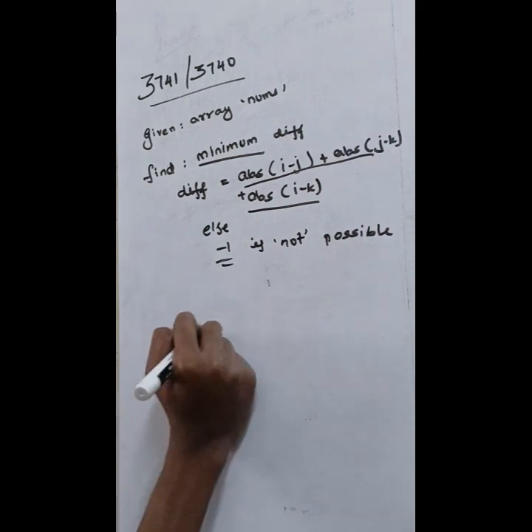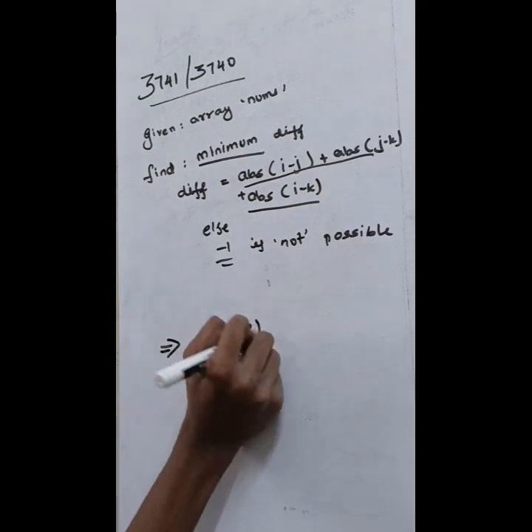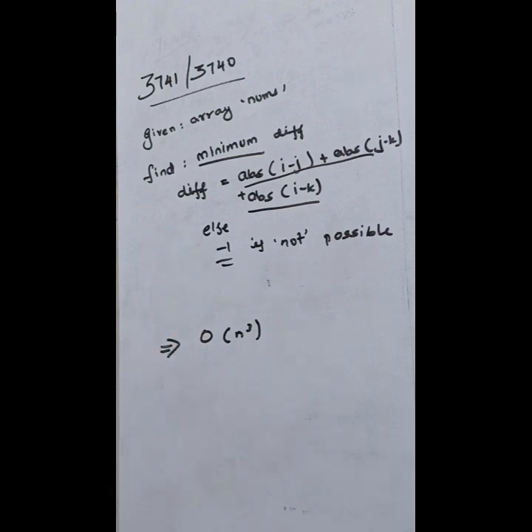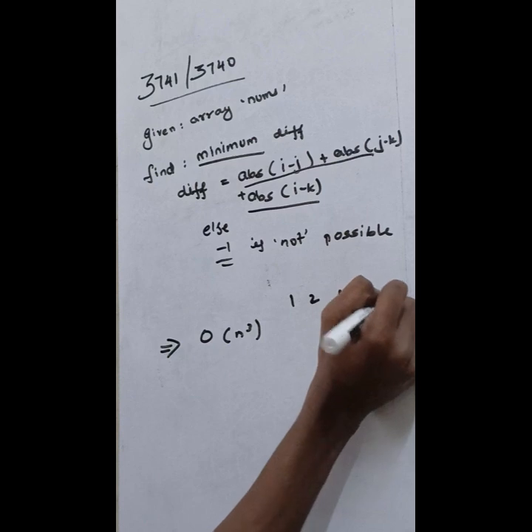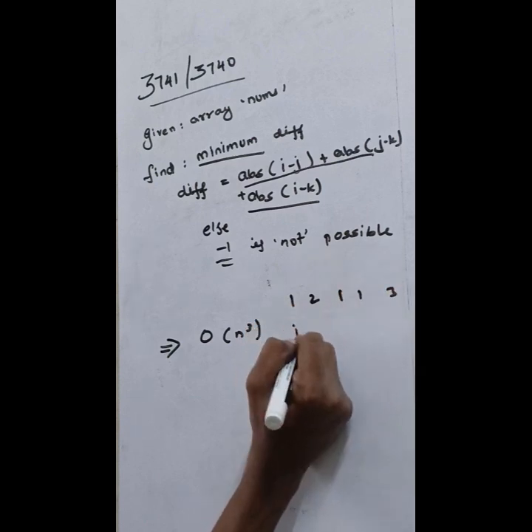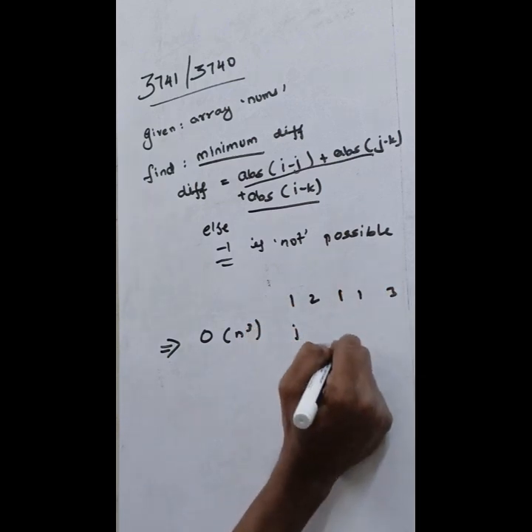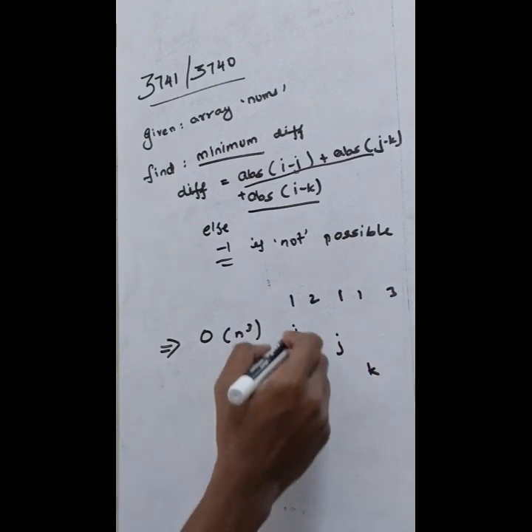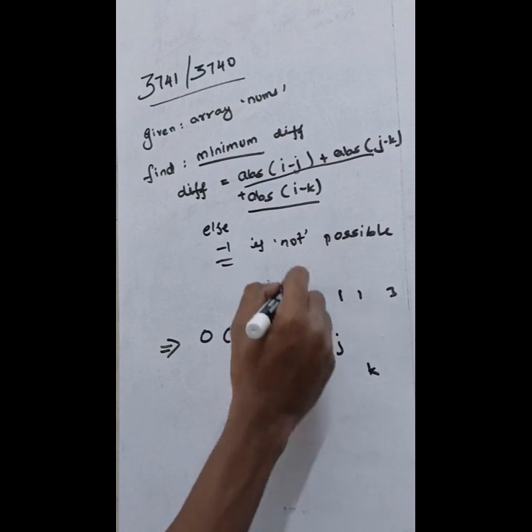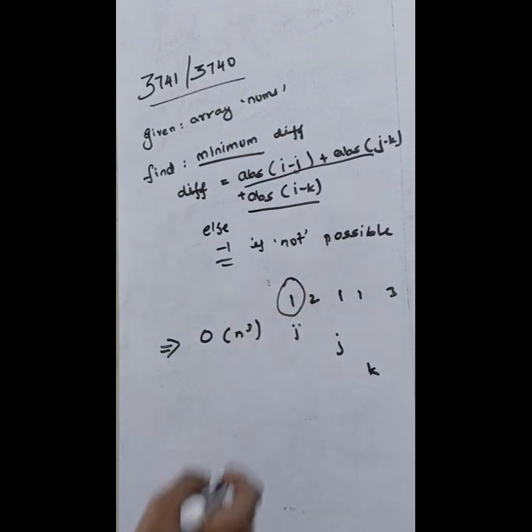Time complexity would come up to O(n) cubed in the worst possible case. That is, as I told you, 1 2 1 1 3. We will run an I loop over here, and we'll run a J loop over here, and we'll run a K loop over here. That is, I will be the first element to be checked, and J will be the next element, and K will be the third element.